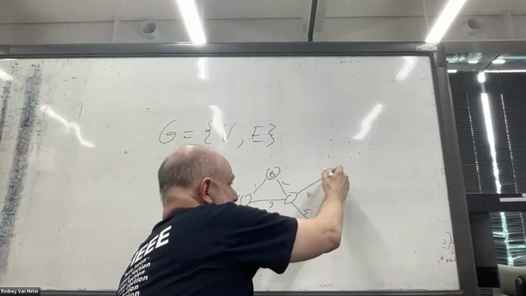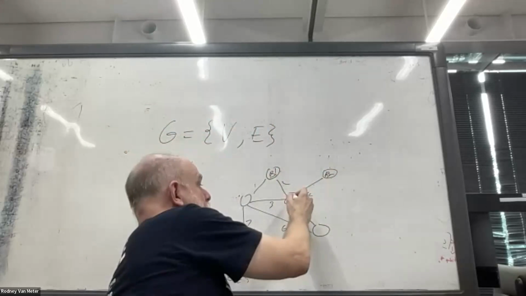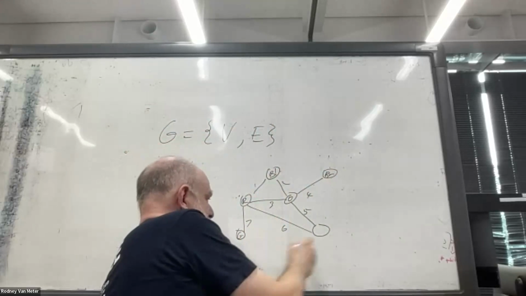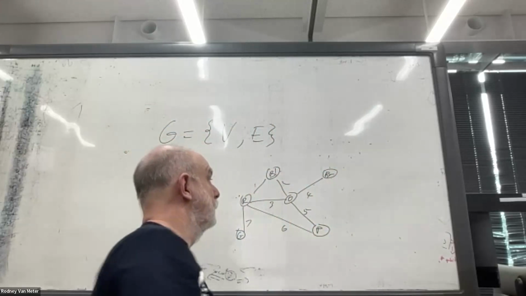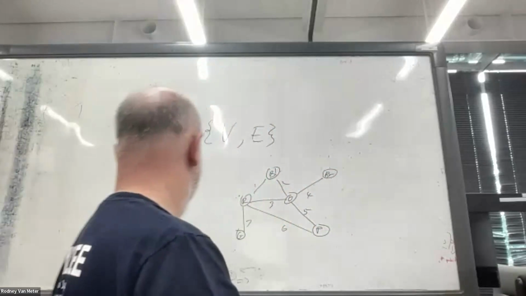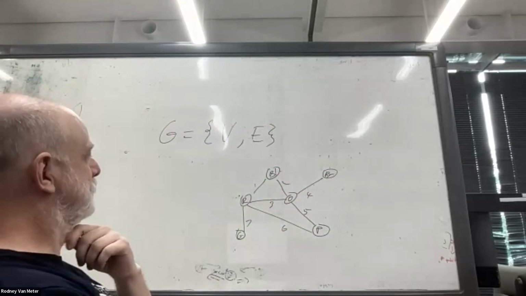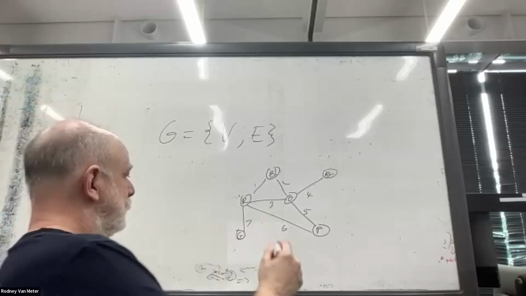We see blue, brown, orange, red, green, and purple. So how many more edges could we add to this if we were adding edges? What's missing? Well, let's see.